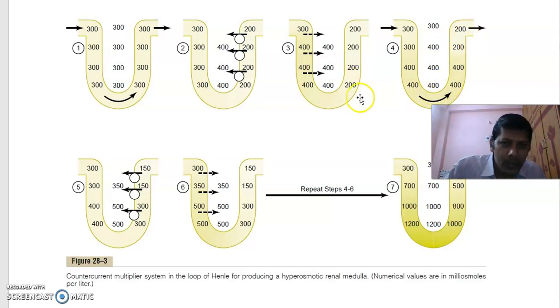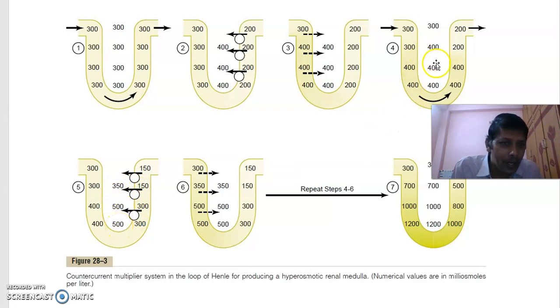What is the osmolarity here? 300. But here it is 400. When this 400 osmolarity filtrate comes here, again some salt comes outside. Again the osmolarity has increased from 350 to 500.